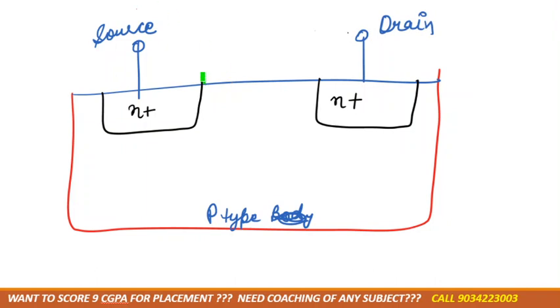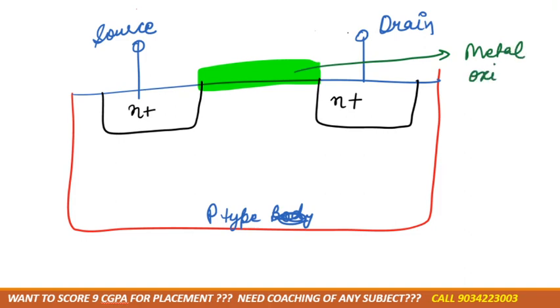Okay, and between them we form a layer of simple metal oxide. Why do we provide a layer of metal oxide? For insulation purposes, so that current would not flow through this path. Got it?